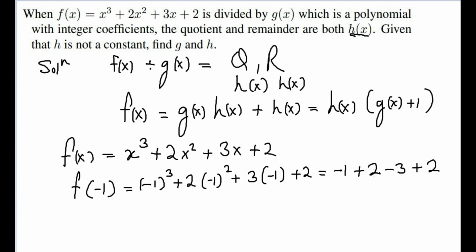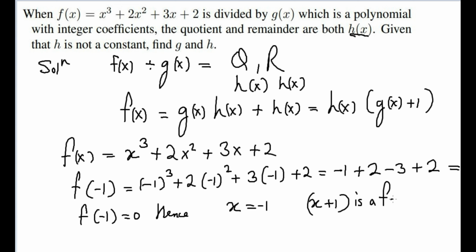The addition and subtraction are equal, so ultimately f of negative 1 is equal to 0. Hence we can conclude that x equals negative 1, or x plus 1, is a factor of f(x).